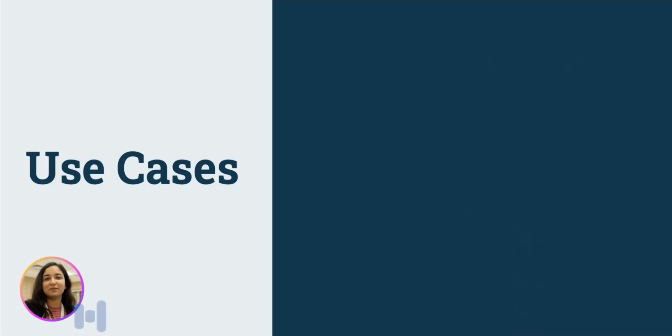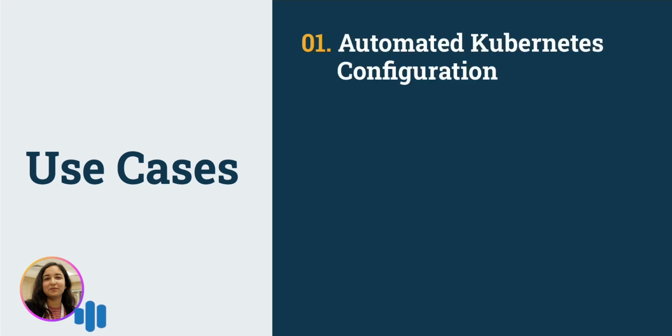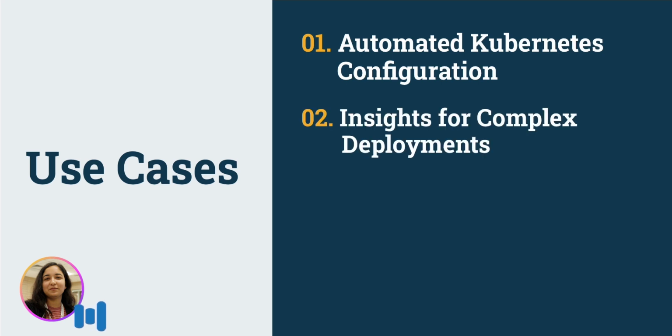So let's see what use cases K8sGPT provides us and where we can use it. First is automated Kubernetes configuration. K8sGPT can automate the process of setting up and configuring Kubernetes clusters, reducing manual intervention. Next is insights for complex deployments. K8sGPT can provide insights and recommendations for managing complex deployments, helping users optimize resource allocations and enhance overall cluster performance.